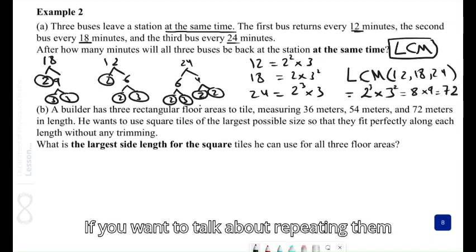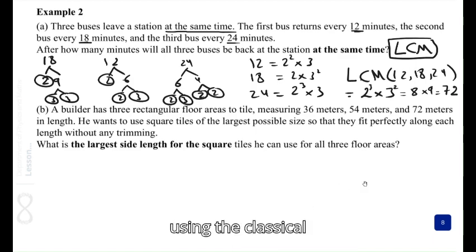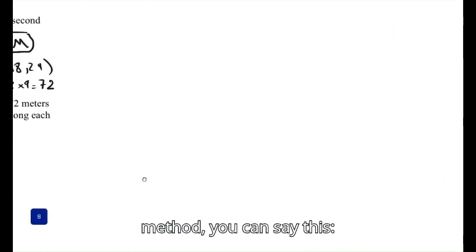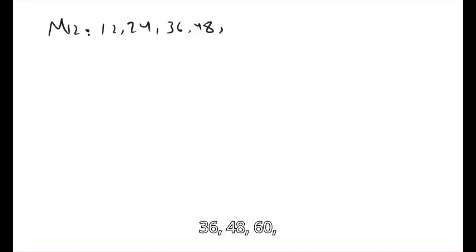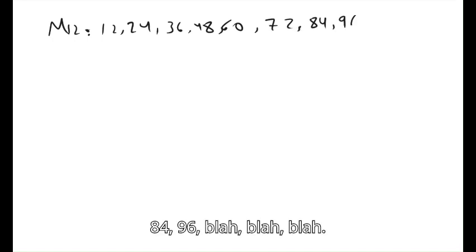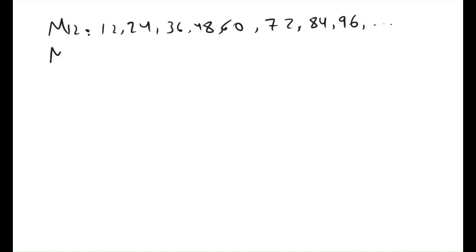If you want to talk about repeating them using the classical method, you can say this: multiples of 12 are 12, 24, 36, 48, 60, 72, 84, 96, and so on.